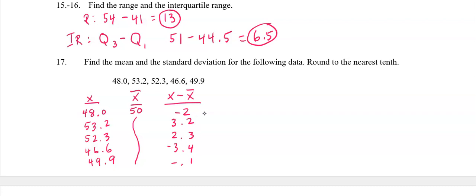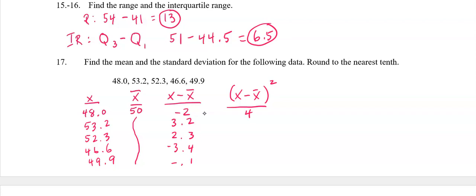Okay, and then as we move to the right, we take these numbers that we just calculated and we square each one of them. And remember, there should never be a negative number in this column. You cannot square a negative number and get a negative result.